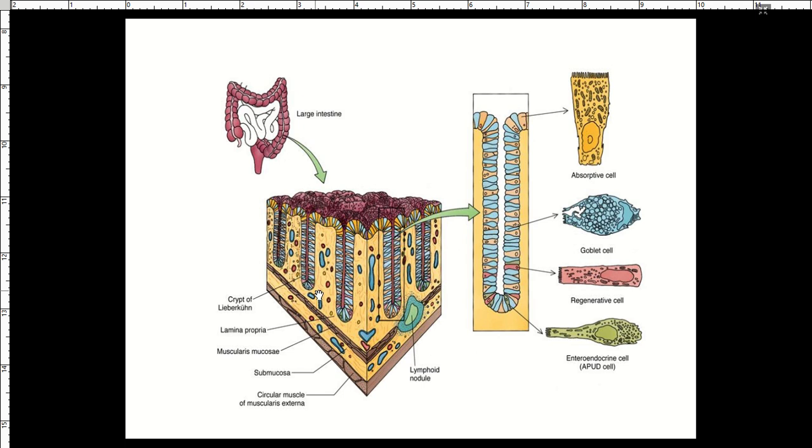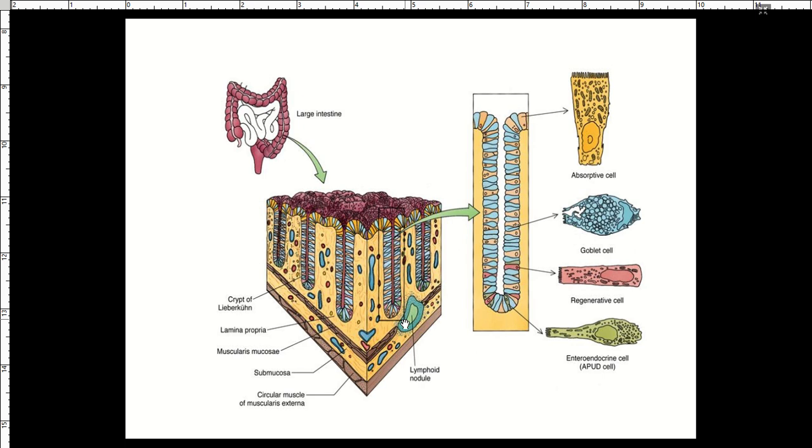And this is going to be your lamina propria, your submucosa. And take note, there is an abundance of lymphoid nodules. Remember, the large intestine has bacteria, commensal bacteria.